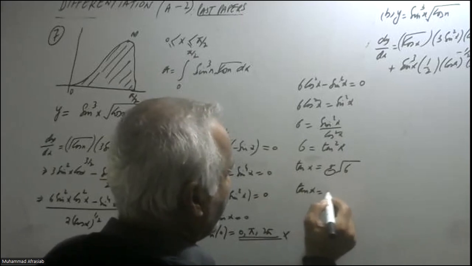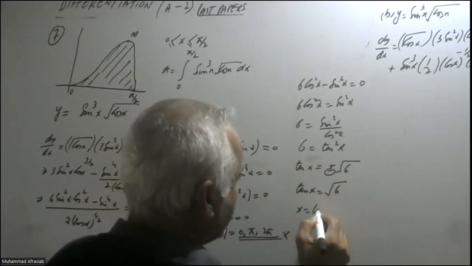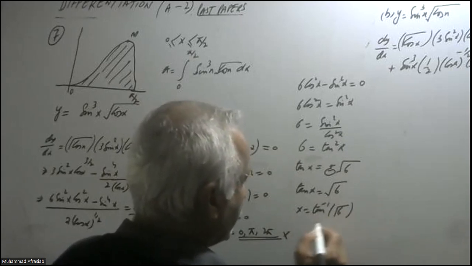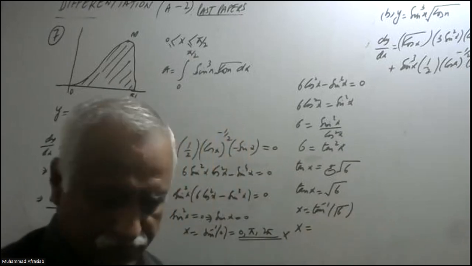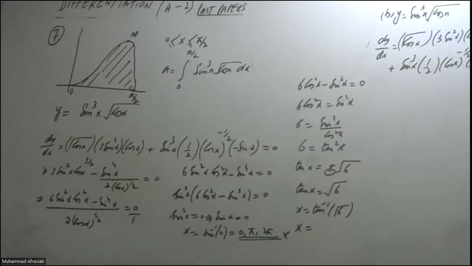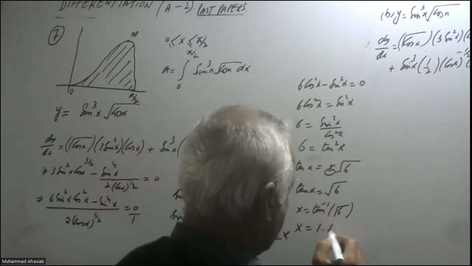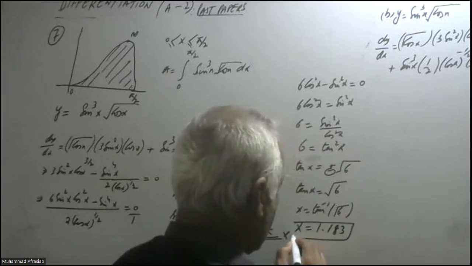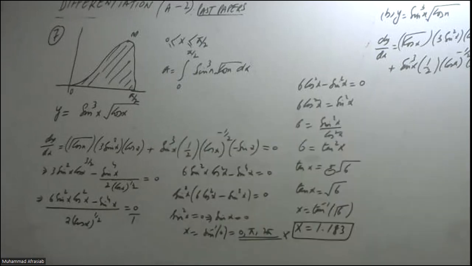So tangent of x is equal to square root of 6, or x is equal to tangent inverse of square root of 6, or x value will be equal to 1.183. This is the value of x for the M coordinate of this curve there.